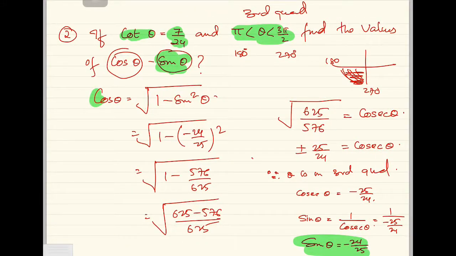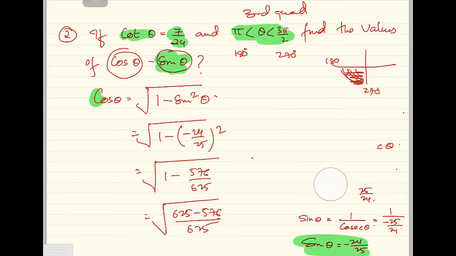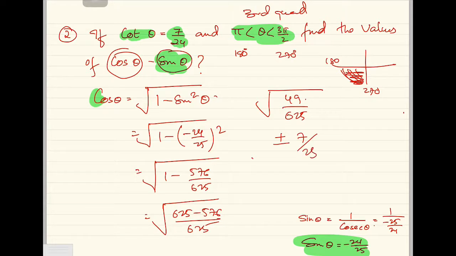So that gives me under root 49 by 625, and that's plus minus 7 by 25. And you know now theta is in which quadrant, everyone? Third quadrant. So cos theta will be negative. So minus 7 by 25.